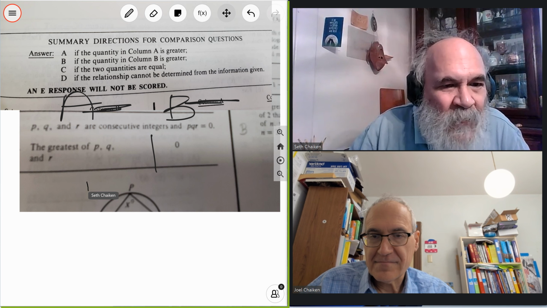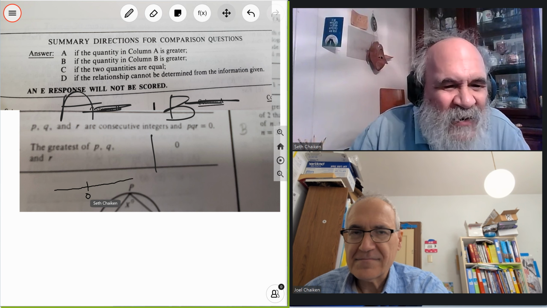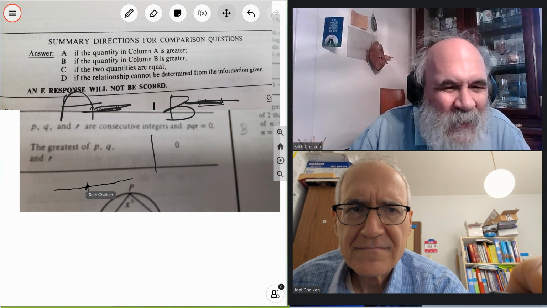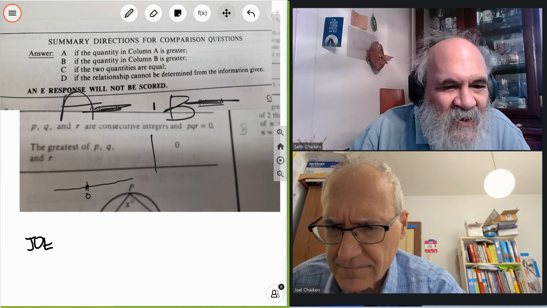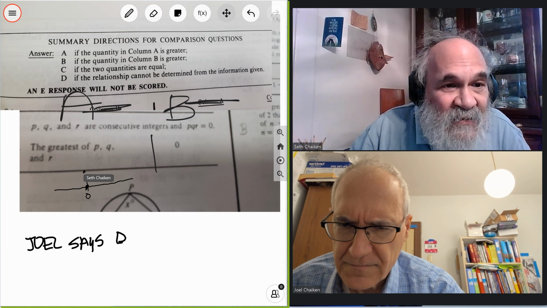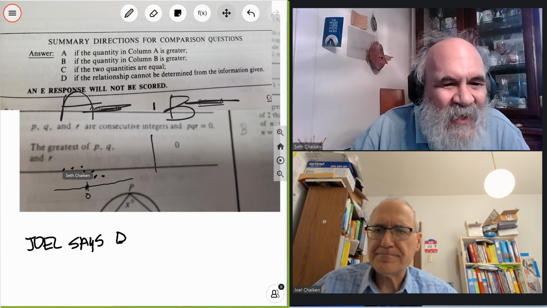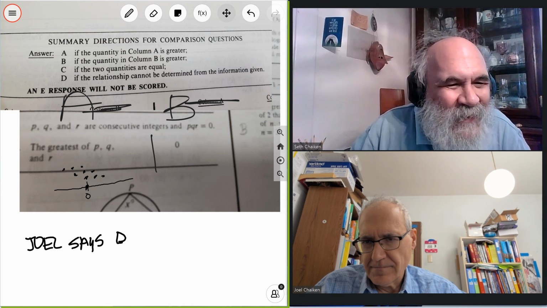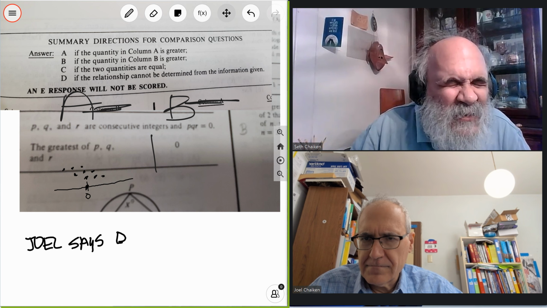Here's the number line. Here's 0. One of these numbers is 0, and they're consecutive. So there are several possibilities.